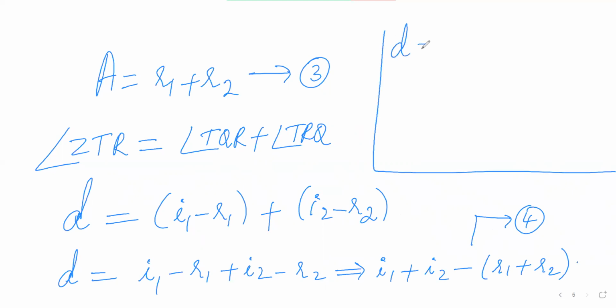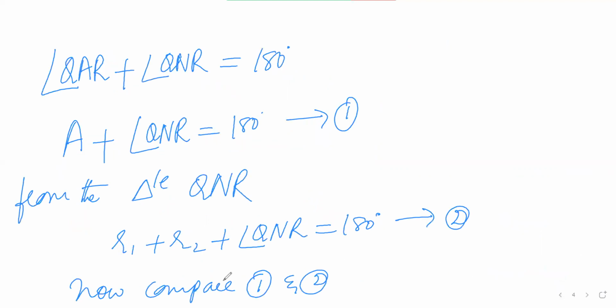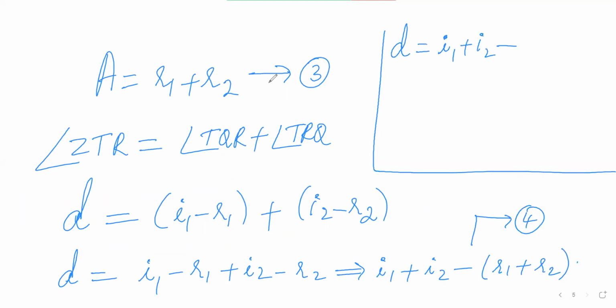So D equals I1 plus I2 minus, from the third equation, A equals R1 plus R2, right? So in the place of R1 plus R2, can we write it as A? Because we know that R1 plus R2 is nothing but A, right?